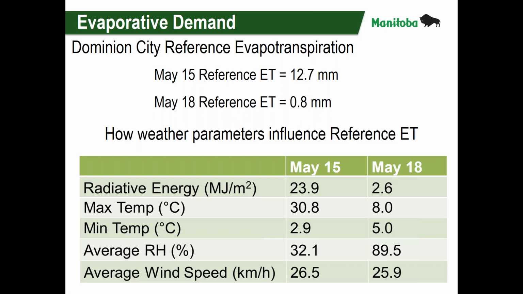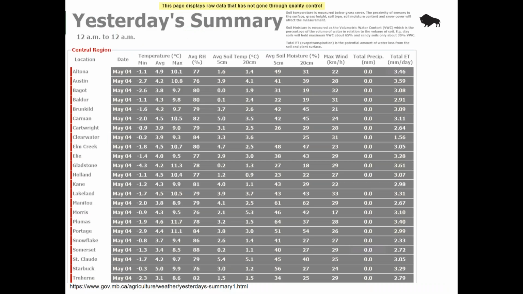The last weather parameter that influences the rate of evaporation is wind speed. On both days that I'm showing, there wasn't a lot of difference, but we do know that higher wind speed helps to dry things faster. So we can hope that we would have quite a bit of evaporation happening, especially around the valley, with the short-term weather forecast that we would be having.